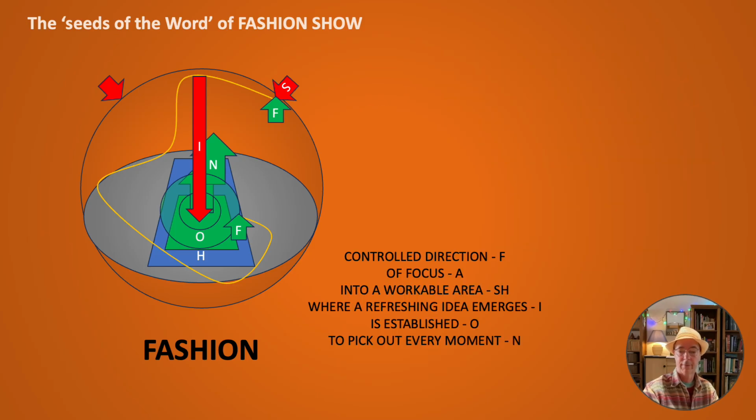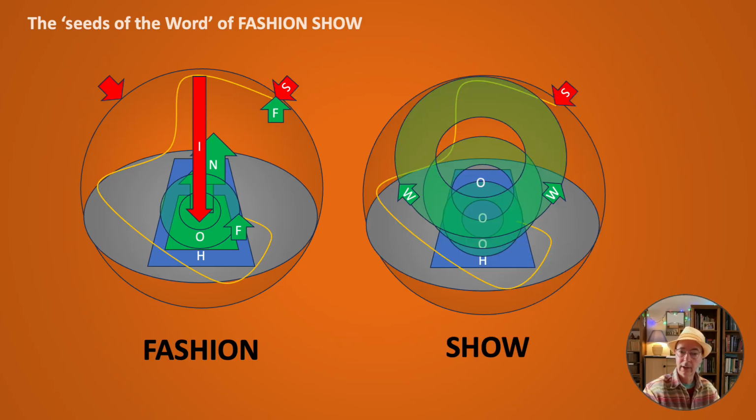So here I've put it again: a control direction with F of a focus, A into a workable area, SH, where the refreshing idea emerges, E, and it's established, and we'll give it a go to be picked out at any moment in N.